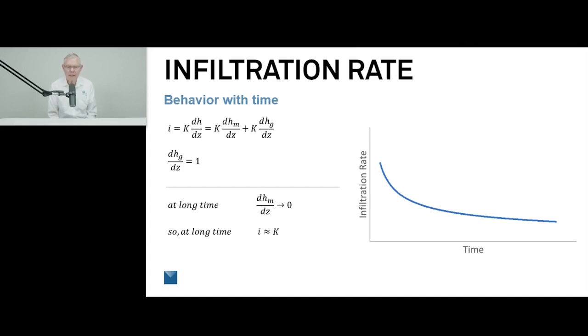If water potential is in meters of water, then the infiltration rate is roughly equal to the hydraulic conductivity at long times. And if you look at the graph on the right, it shows a typical infiltration rate that's rapid at the beginning when the matrix forces are drawing water into the soil, and then slows down toward a constant rate at long times.